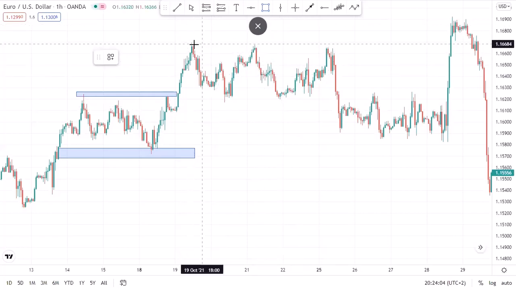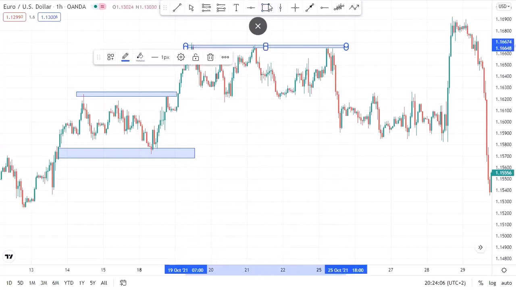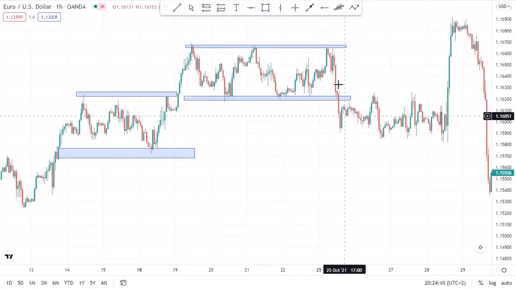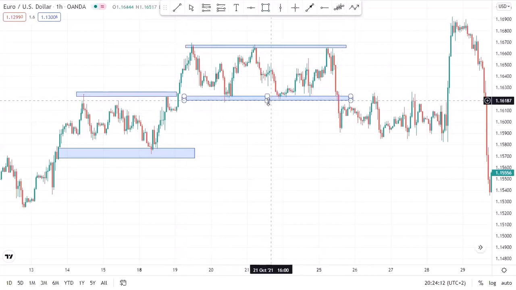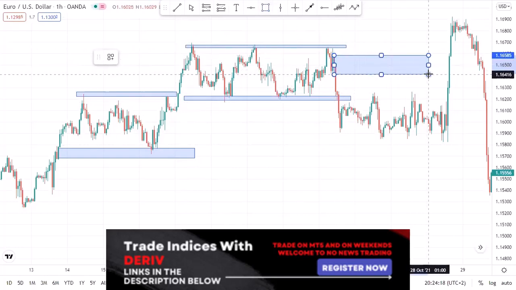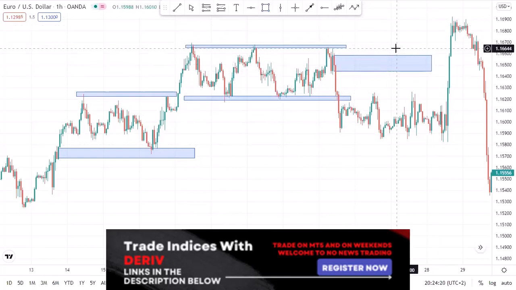There's no order block in this area. Why? Because it was respecting what the retailers are told. But this broke the what? This is a support, right? So this move broke the support, so this now becomes an order block. Why do we say it has to break support or resistance?